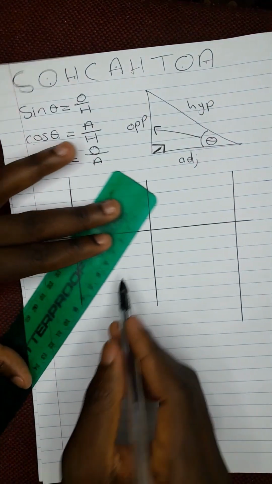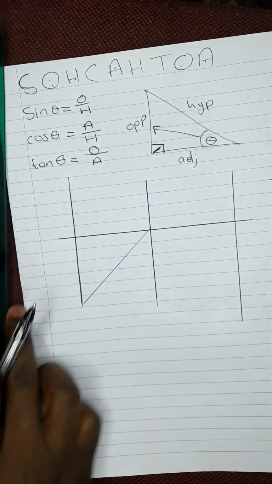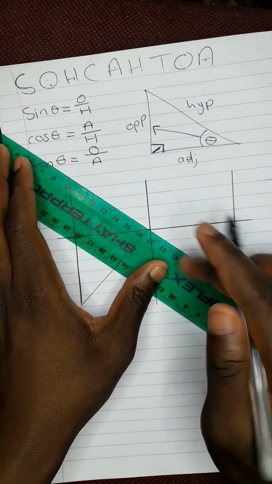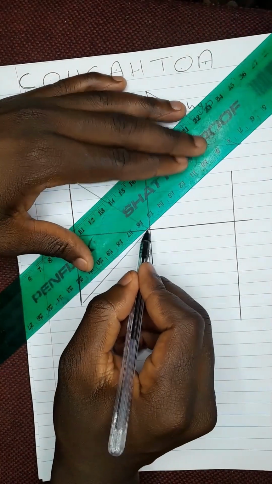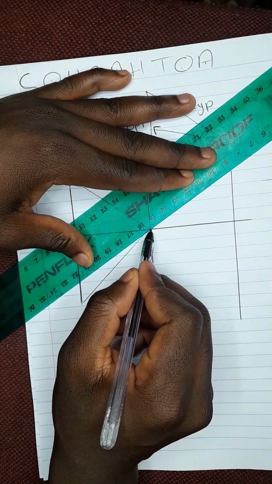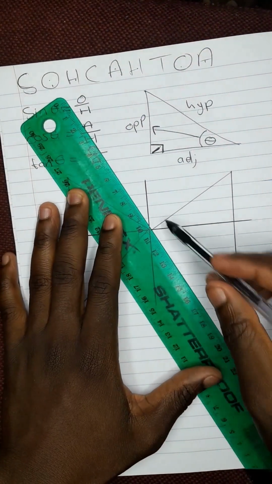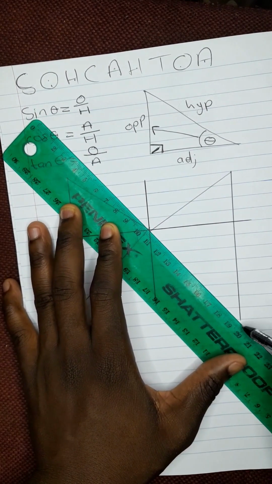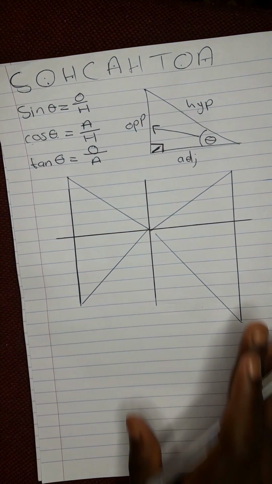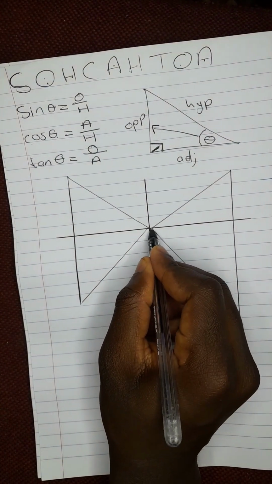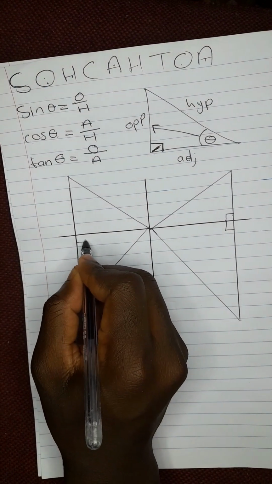I'm not good at drawing. Here we have our 90 degrees, and here we have 90 degrees.